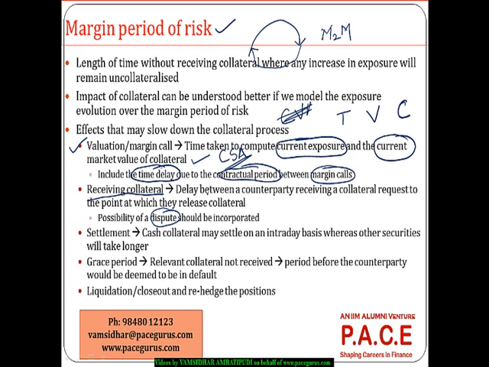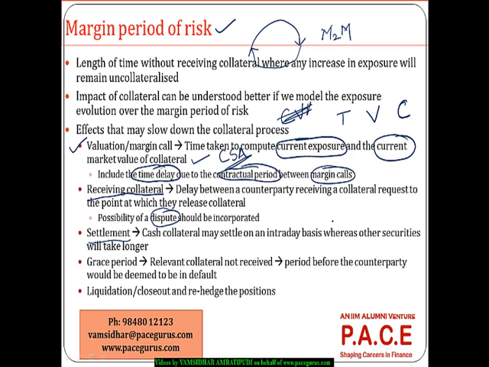Depending on various aspects, there could be a dispute, which means a proper resolution of the dispute, the timeline for resolving the dispute, even these things will increase my margin period of risk. Then there is a settlement part. Depending on the kind of collateral that is given, there is a settlement.